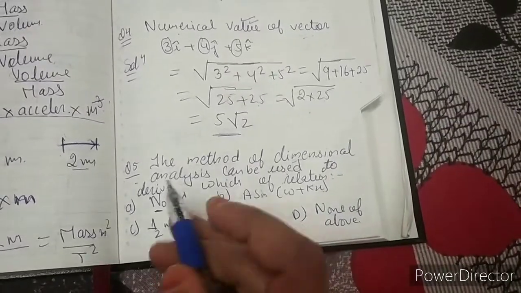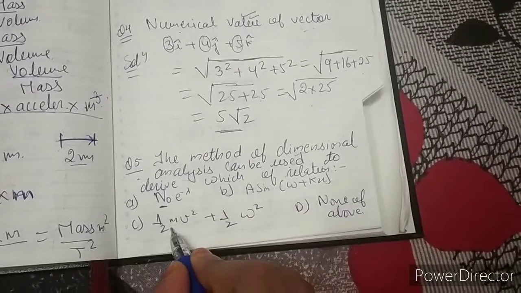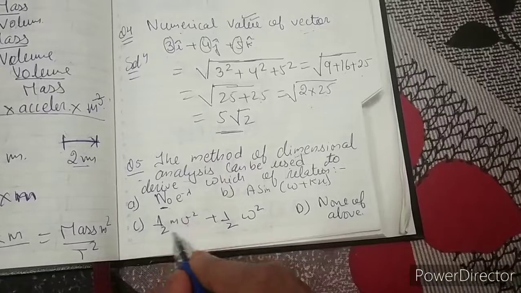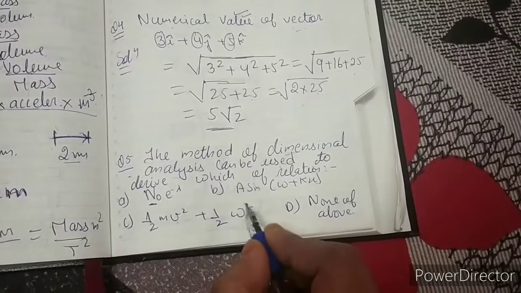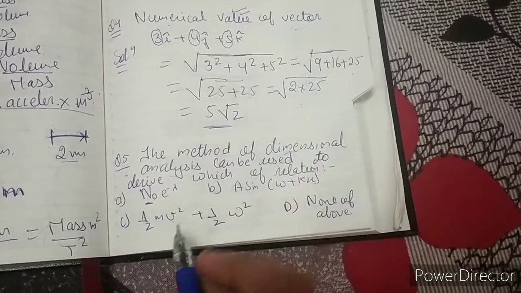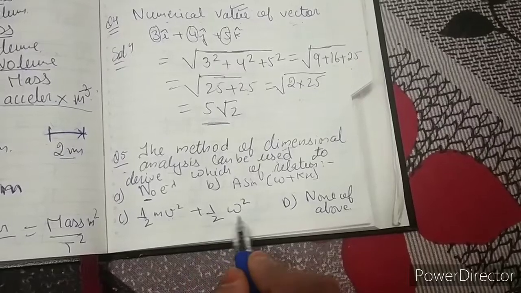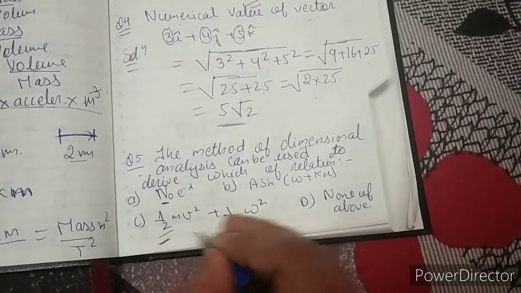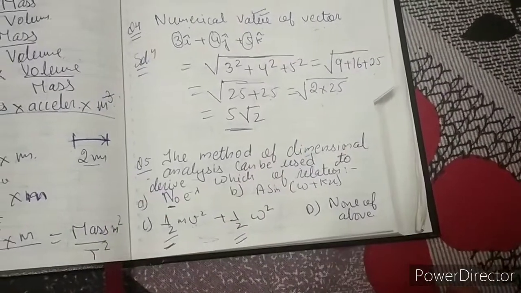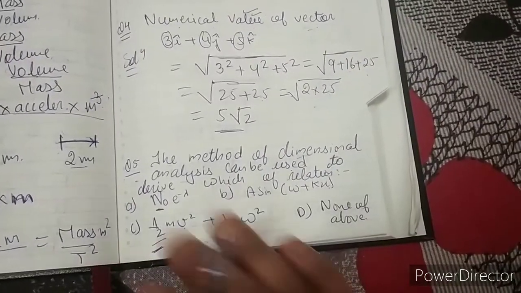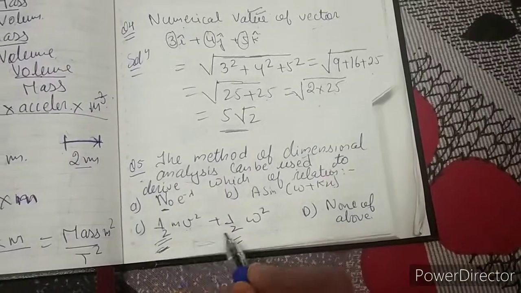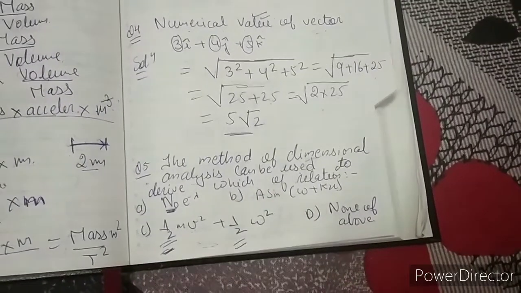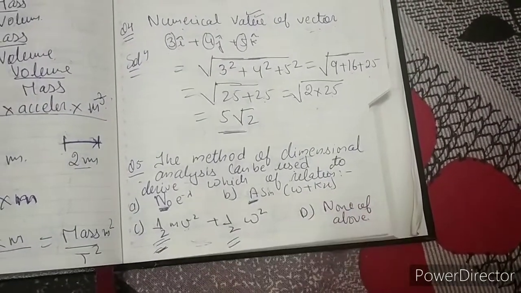but it doesn't give any information about the constants. For example, if you multiply m into v square, you get the dimensions of energy, and this is all. But dimensional analysis doesn't say that half mv square is the formula. You never get the value of constants, like the half here, or the constant a.